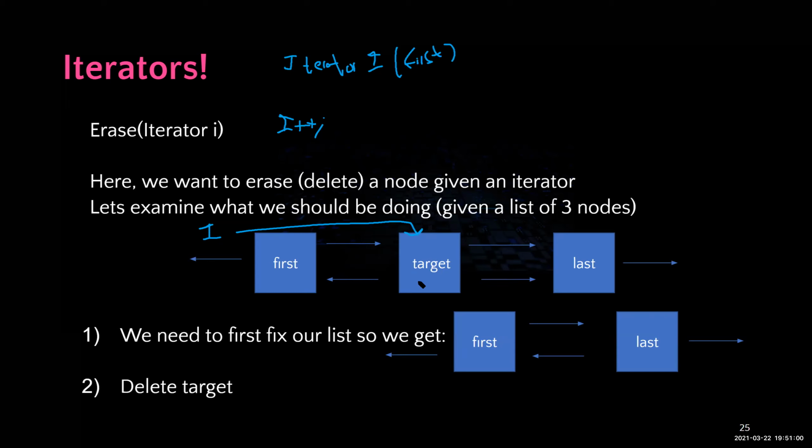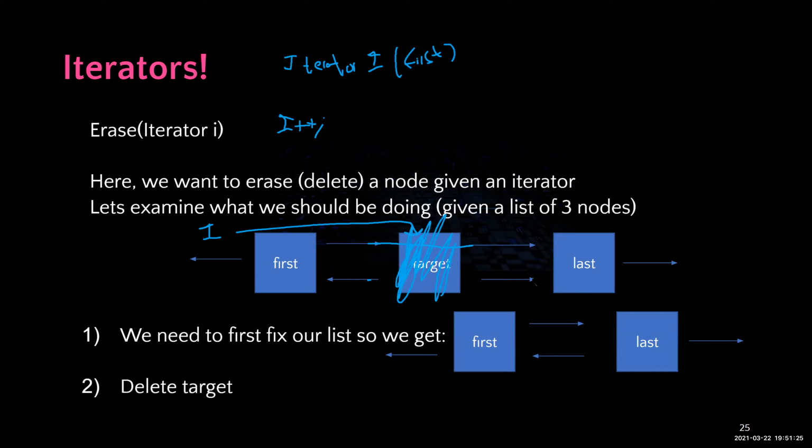I call that node target, and that's going to be our second node in the list. What we want to do is go ahead and delete target and fix these pointers so that first next is going to point to last in this case, and last previous, instead of pointing to target, is going to point to first. So you see how we're basically just going to delete this and extend these arrows.